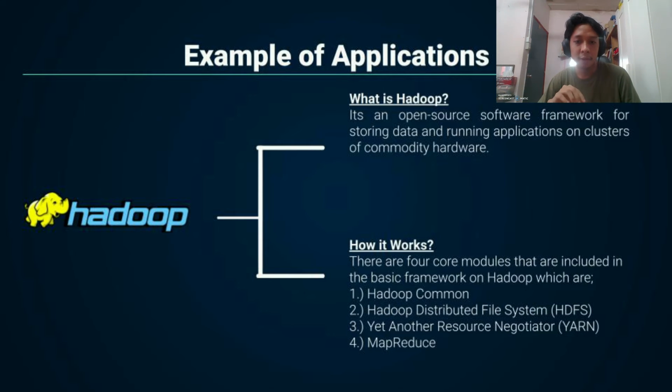There are 4 core modules included in the basic framework of Hadoop, which are Hadoop Common, Hadoop Distributed File System, commonly known as HDFS, Yet Another Resource Negotiator, YARN, and MapReduce. Each of these cores must play its own role to keep Hadoop functioning well.